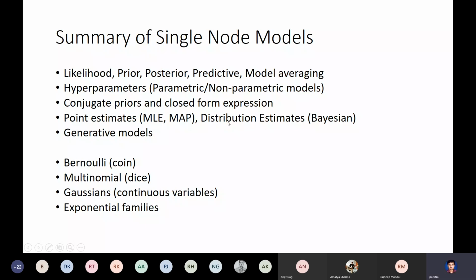If we take the full estimate, it's called a generative model, in the sense that you give the full distribution. That means you can as if generate new data. We have looked at some particular cases: a Bernoulli, which is a simple coin toss, then a dice, which is a multinomial, then continuous variable Gaussians, and finally a generalization of all these three into the exponential family.